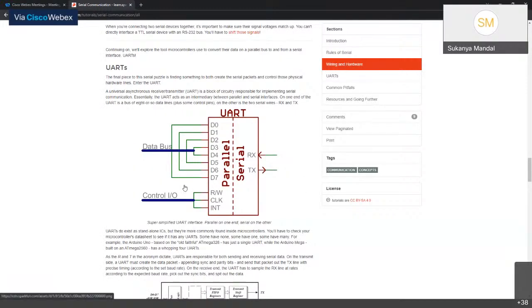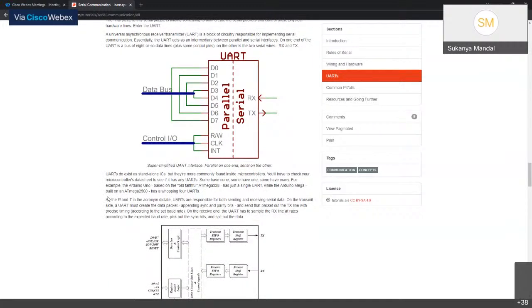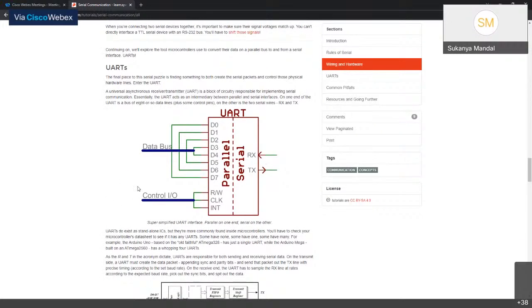Now, coming to UARTs, the much awaited receiver and transmitter protocol, or the serial protocol that we would be covering with a few examples. UART stands for Universal Asynchronous Receiver and Transmitter. It's basically a block of circuitry that is responsible for implementing serial communications.